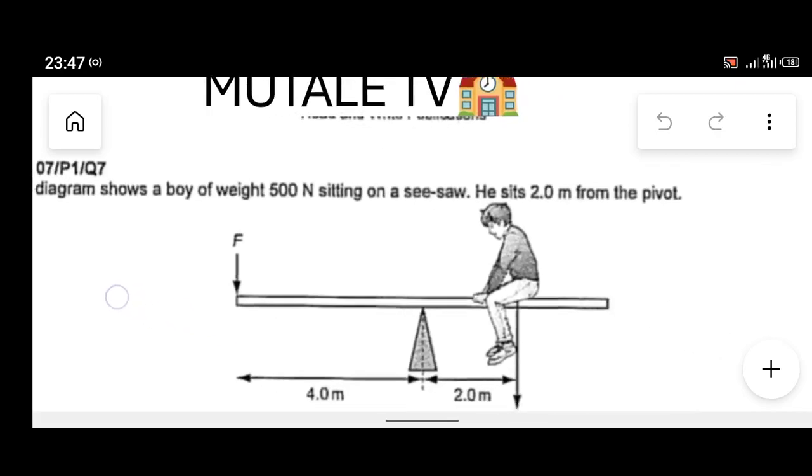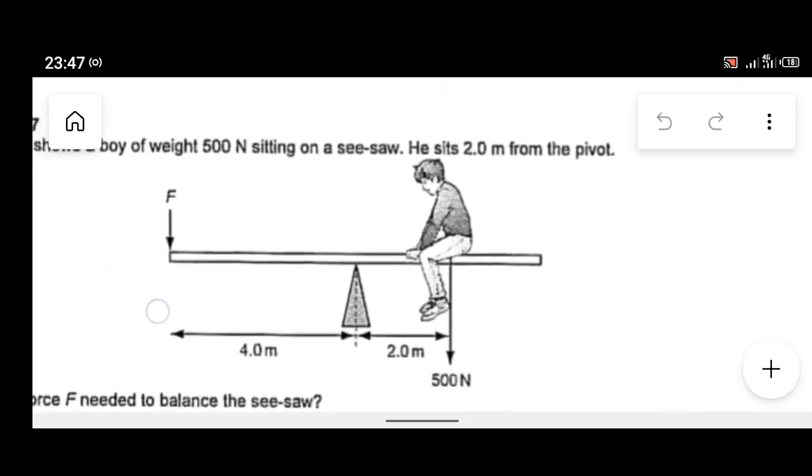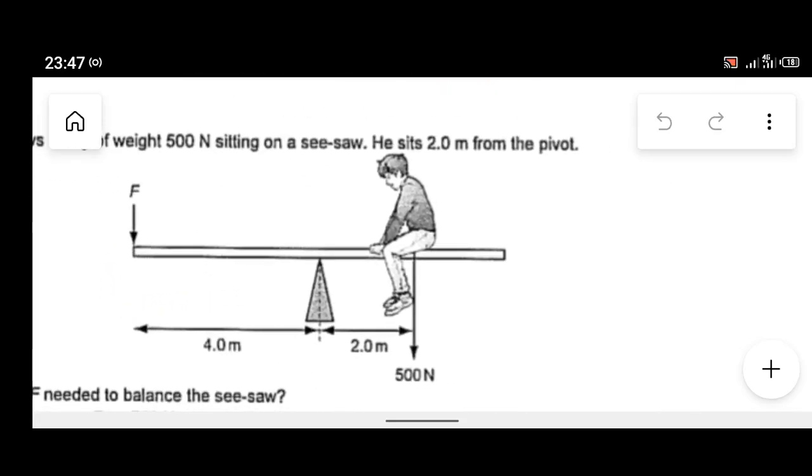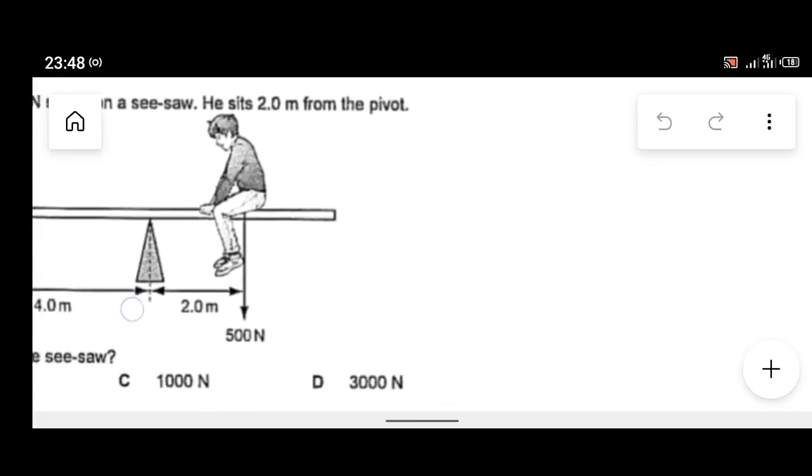Okay, and we know how to find moment. Moment is defined as the product of force applied and the distance from the applied force to the pivot. Okay, so that's how we define moments.